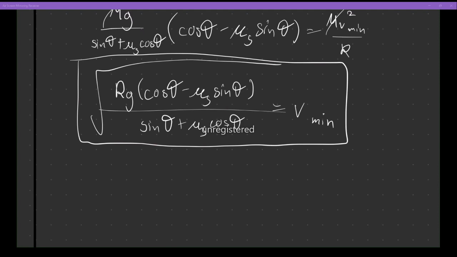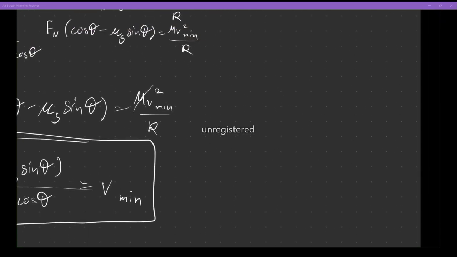Alright, now for the last part G, it says to derive the function and prove that it's true. First thing I want to start off with is saying that net force equals F of C. So net force equals m v squared over r. Should be v max.